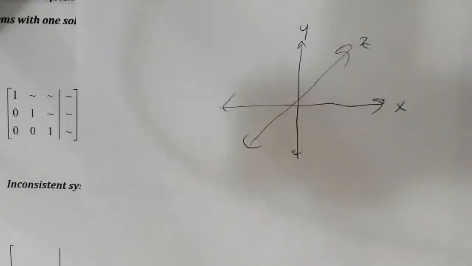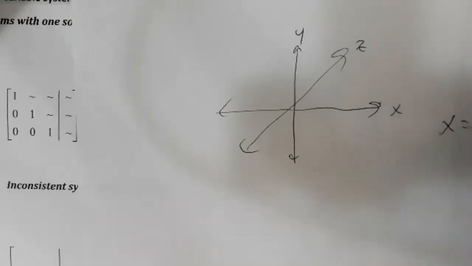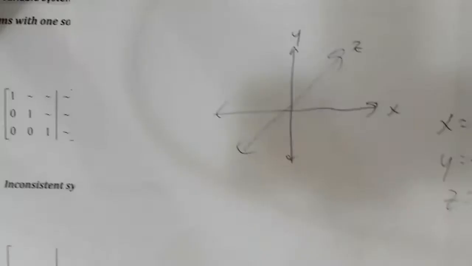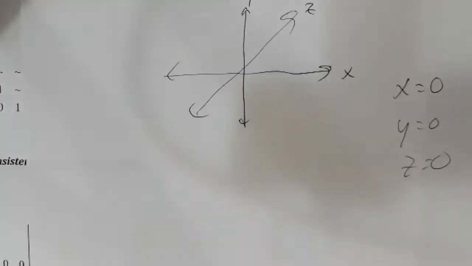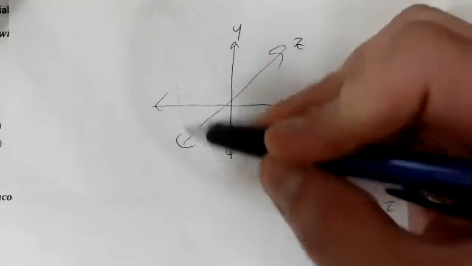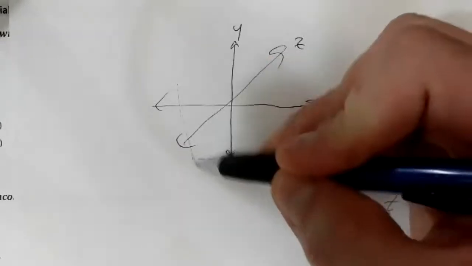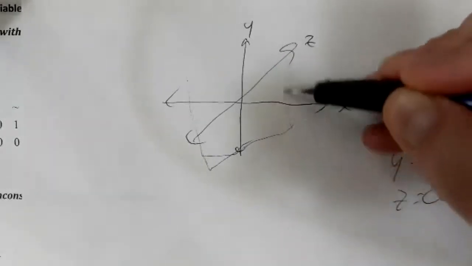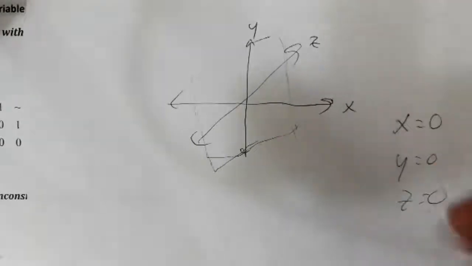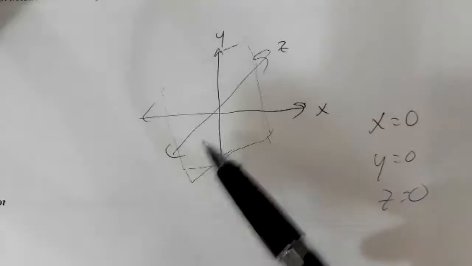If you think about just the zero planes, if I think about the x equals 0 plane, that's the plane happening everywhere where x is 0. So that's the plane that's coming in and out of the paper.